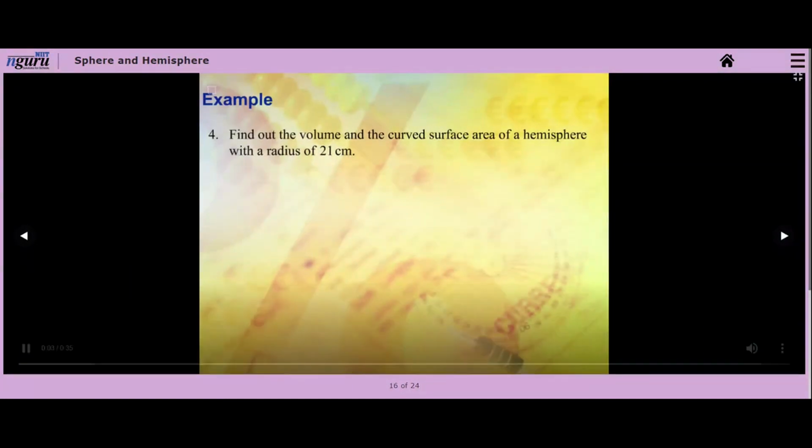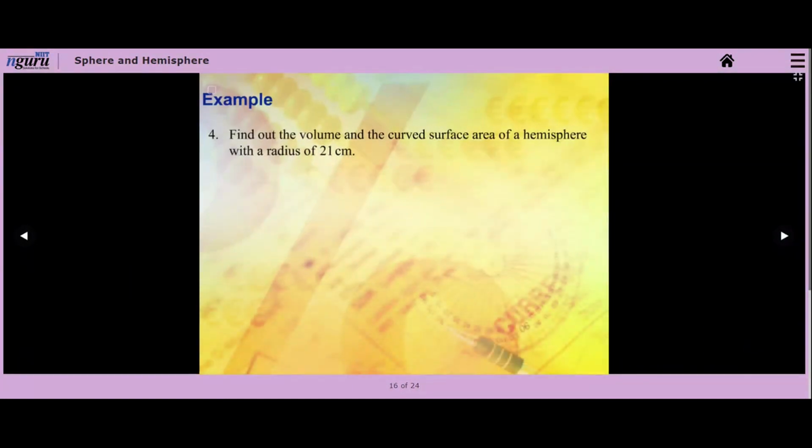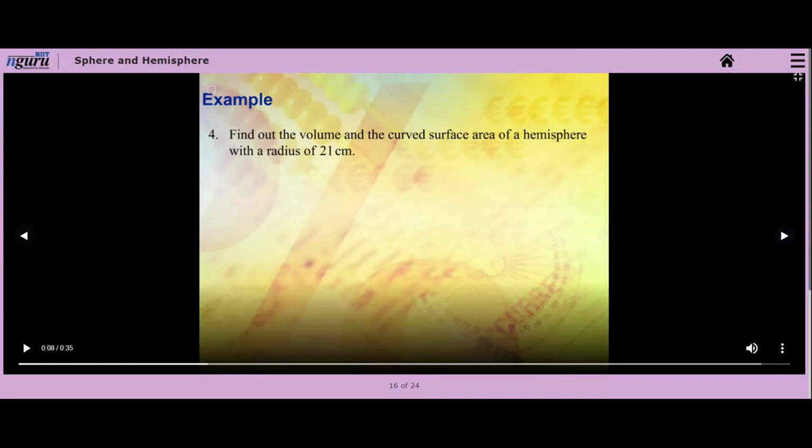Example 4. Find out the volume and the curved surface area of a hemisphere with a radius of 21 centimeters. 2 by 3 pi r cube. Curved surface area is equal to 2772, 2 pi r squared.